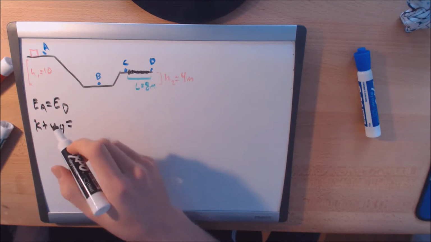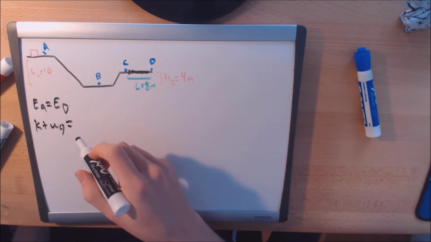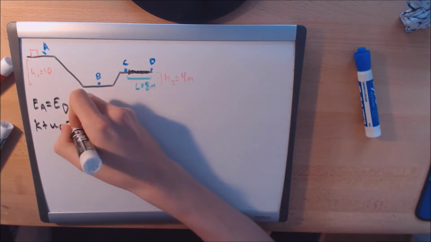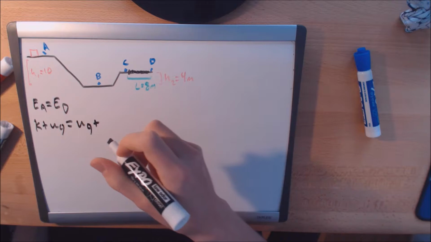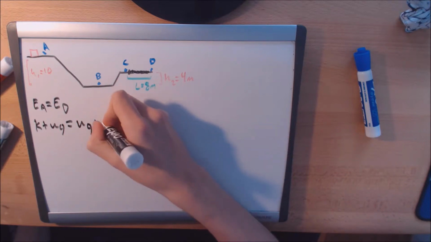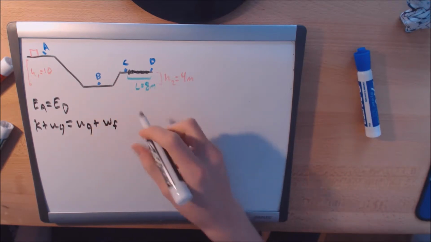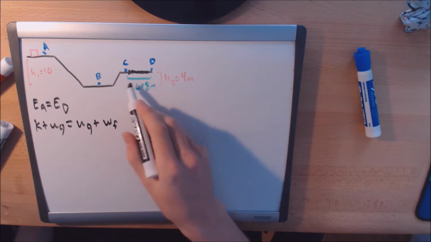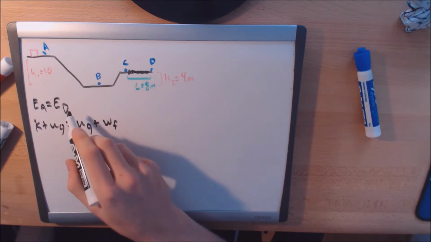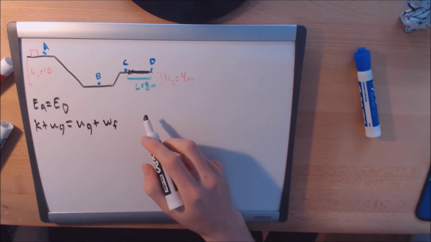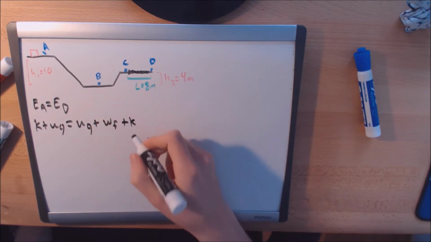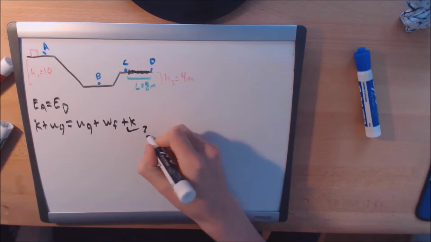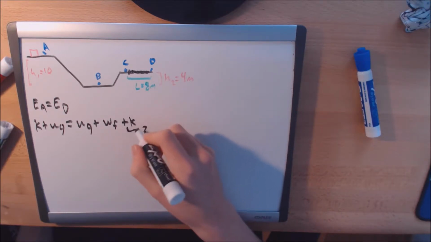And energy at D is going to be a gravitational potential because it is elevated at D, a work done by friction component because it's going over that rough surface in between, and also a kinetic component. But we don't know if this guy even exists.